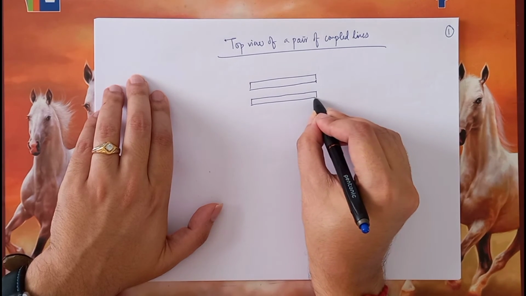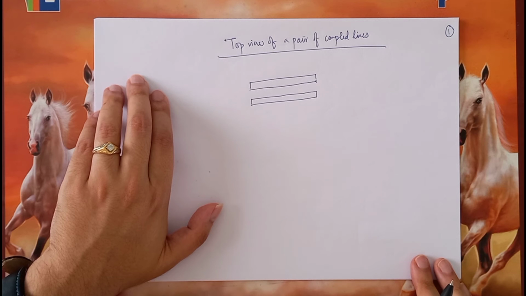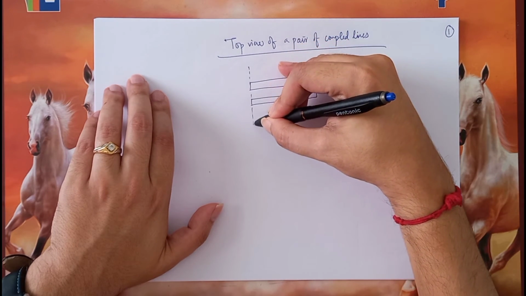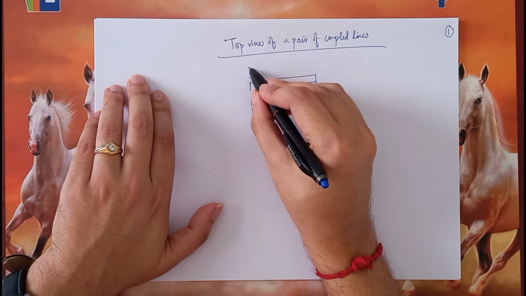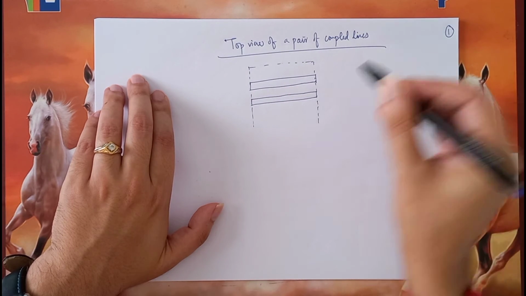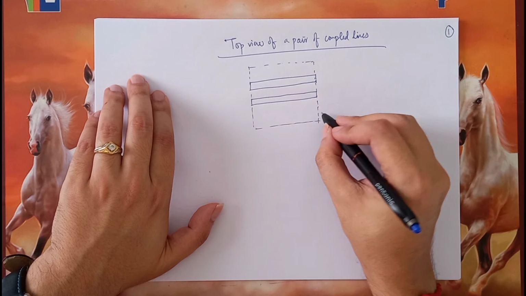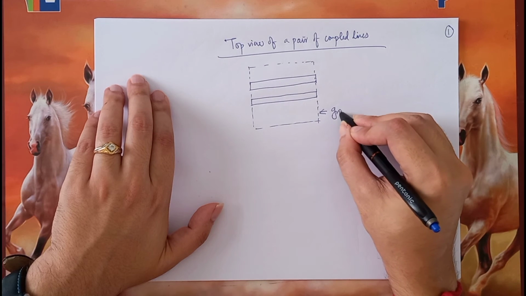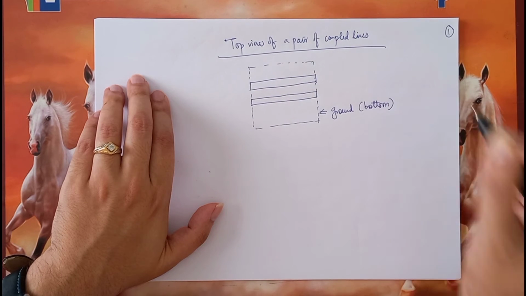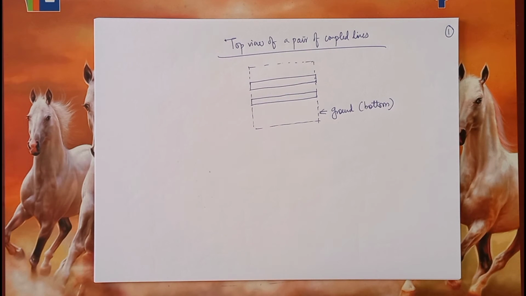For the magnetic field to make any effect, the conductors must be kept in close proximity, and let us say there is a ground also in the bottom layer. These conductors are on the top layer of a PCB, making them a microstrip configuration, whereas there is a ground on the bottom.